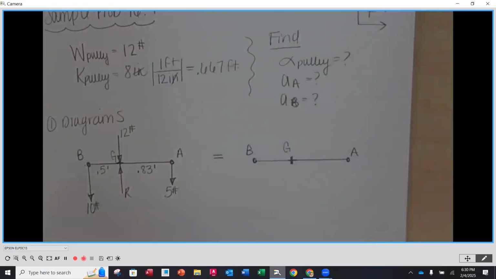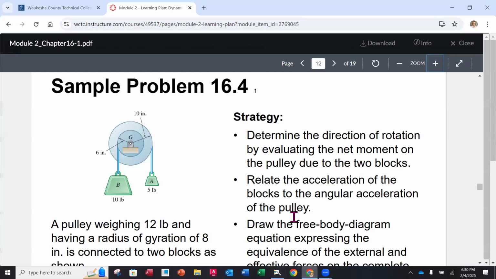Each one of those blocks is going to be going up and down. If we look back at the illustration, the pulley is going to rotate, but the blocks themselves, remember, we have to find the acceleration of each one of those blocks. Those are going vertically, translationally.